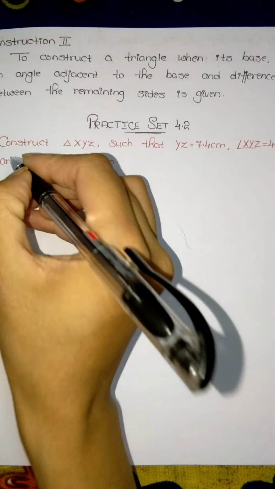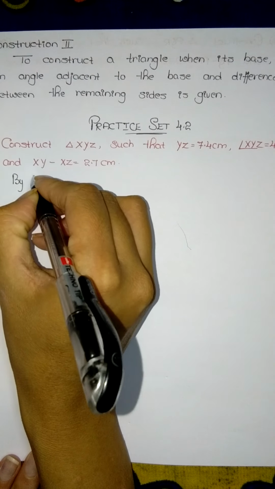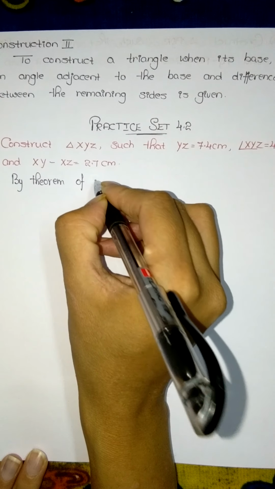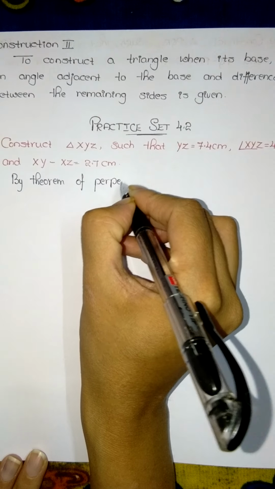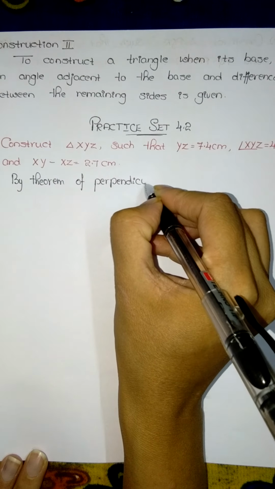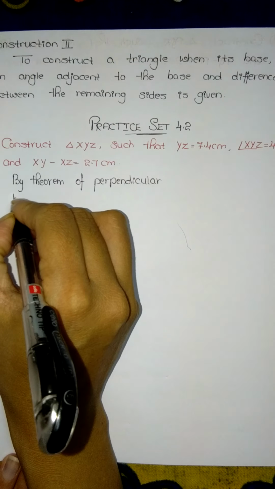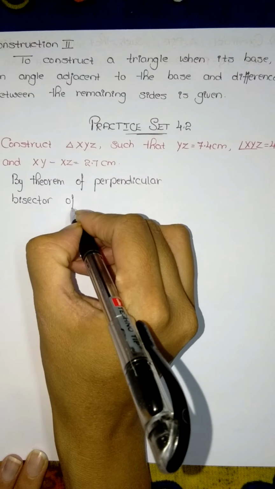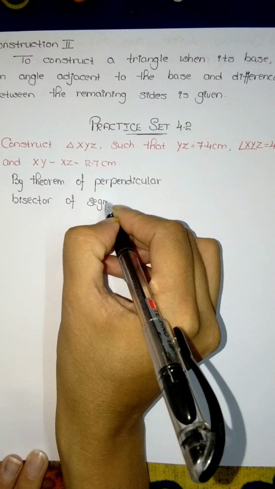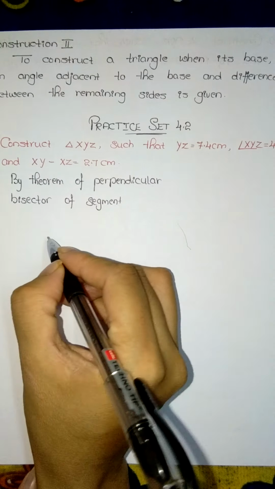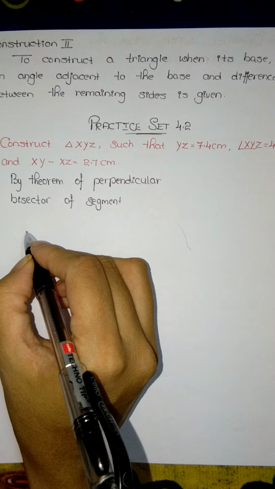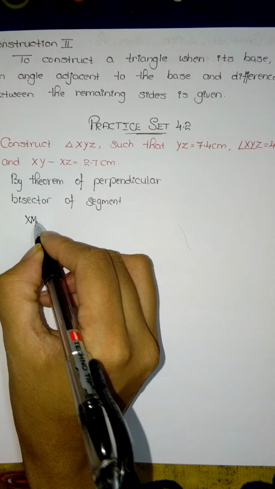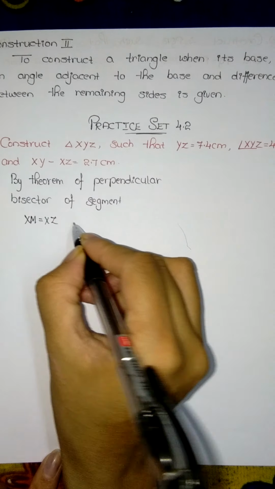So here, by the theorem of perpendicular bisector of a segment, XM is equal to XZ.